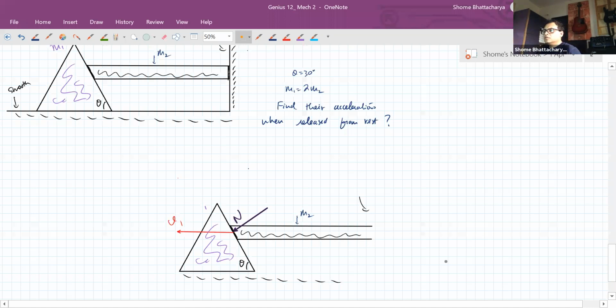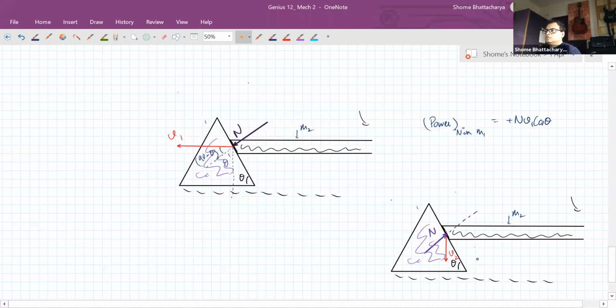You can see it's acting like this. So you can see that this angle is 180 minus theta. Oh, sorry, this is cos 90 minus theta, my mistake. So this will become sine theta. That's correct.